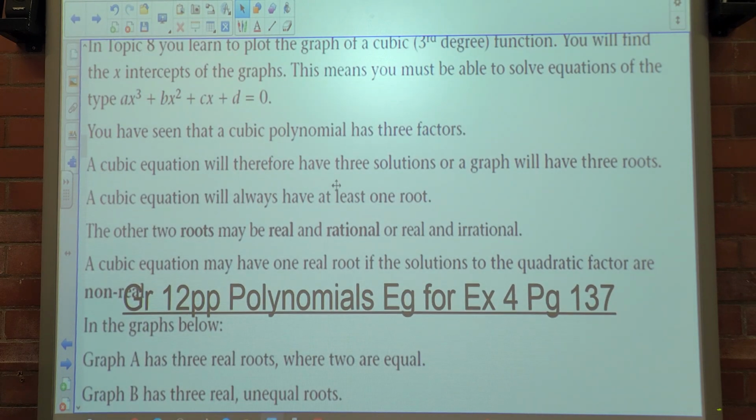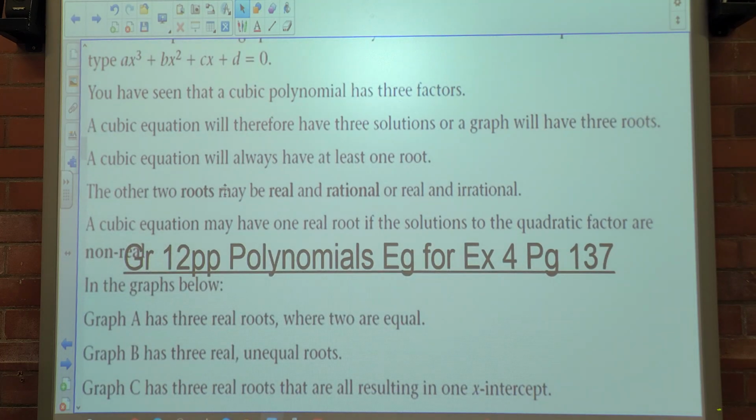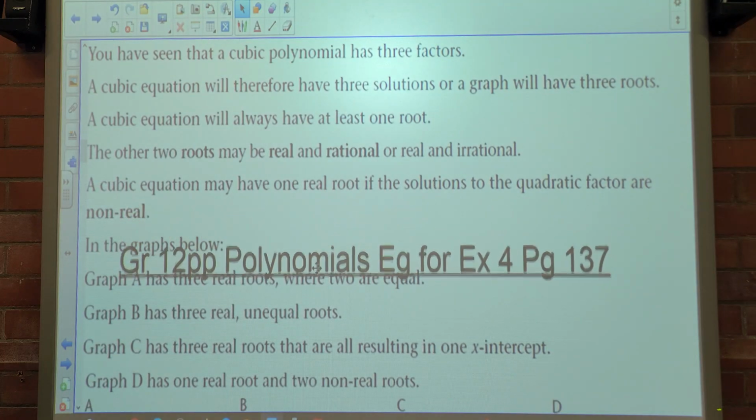A cubic equation will therefore have 3 solutions on the graph, and we will have 3 roots. The cubic equation will always have at least 1 root. The other 2 roots may be real or non-real.